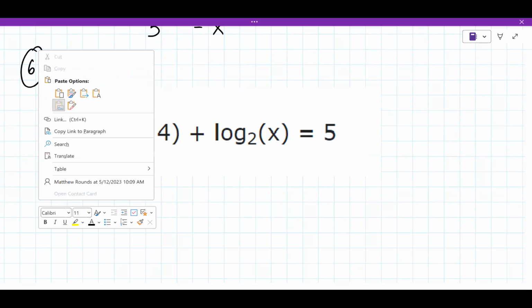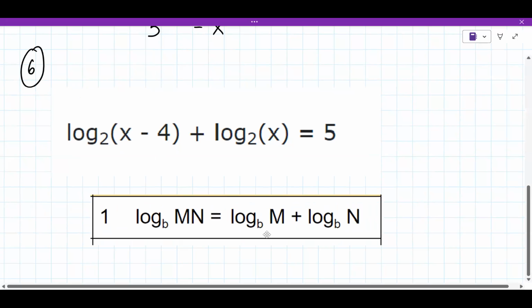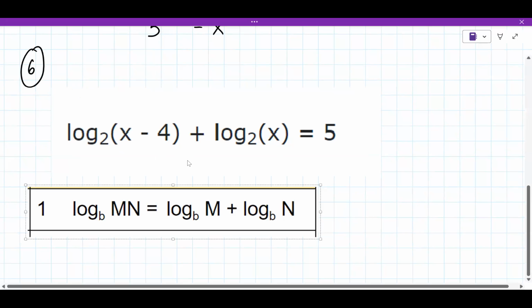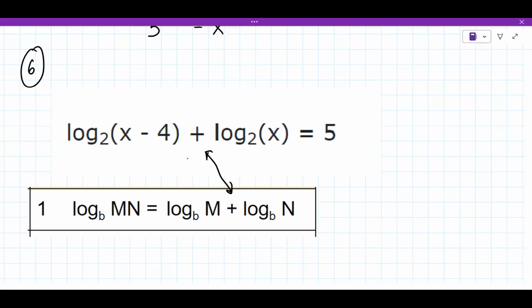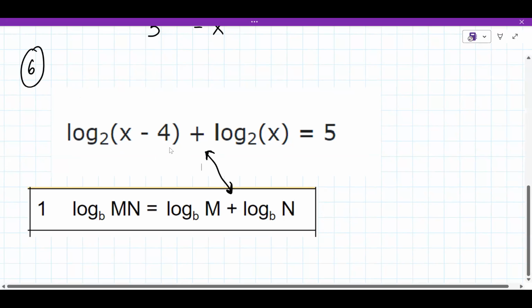So here is that law. This is law number 1. You don't need to know that it's law 1. But do you see where this plus is right here, right in the middle? Yes. So what the law says is that you can take what's inside parentheses of each of the logs, that's your m and your n, and then you multiply them together. That's your product.